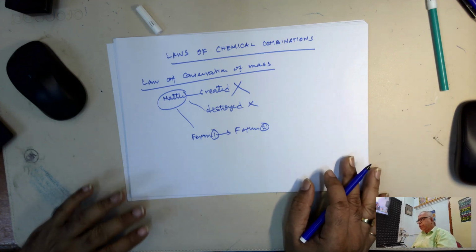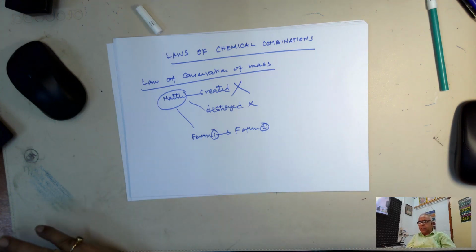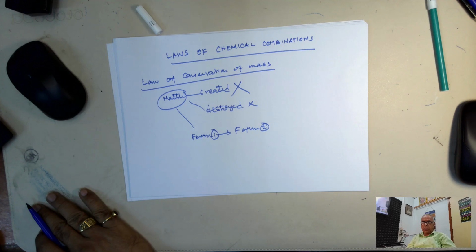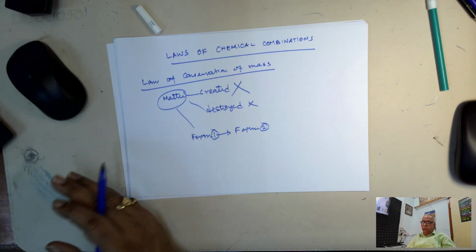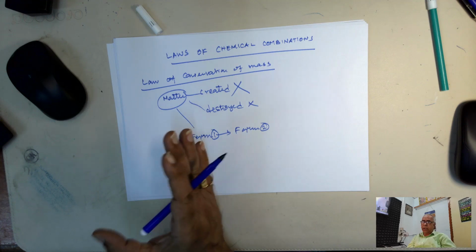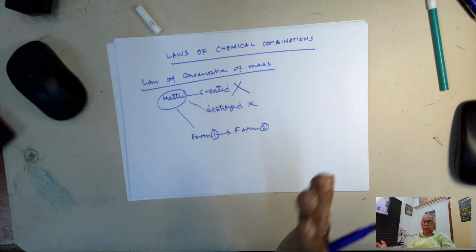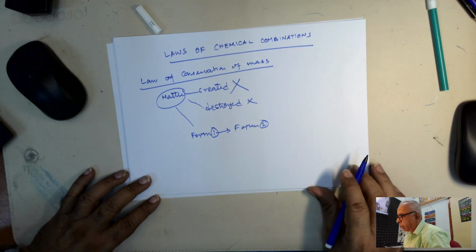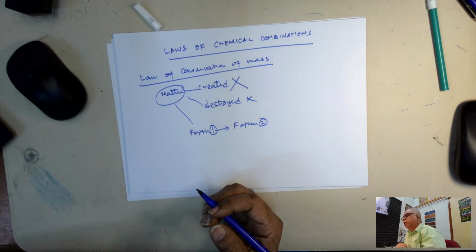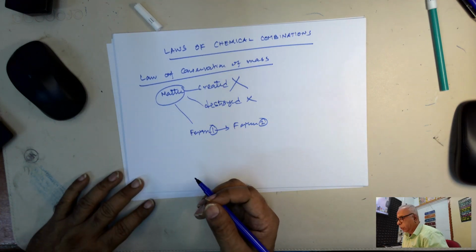In all physical and chemical changes, the total mass of the reactants should be equal to the total mass of the products. Then only you can say it is conserved. Based on that only, we arrived at mass ratios, stoichiometric problems, etc. Got it? Make a note of it: in all physical and chemical changes.